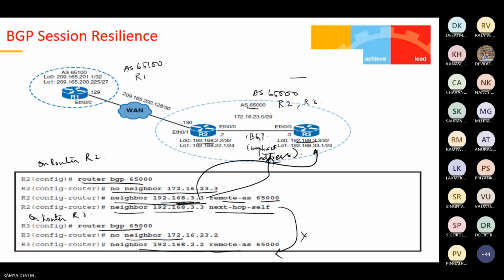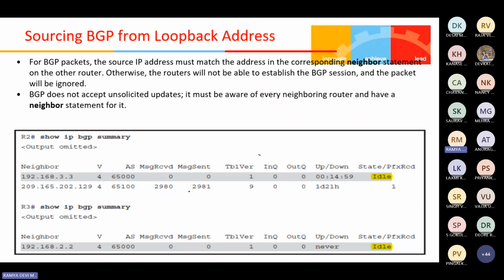Right? So the next one, sourcing BGP from the loopback address. What is the requirement? When using the loopback interface for BGP peering, the source IP address of BGP packets must match the neighbor IP, which can be configured on the remote router.